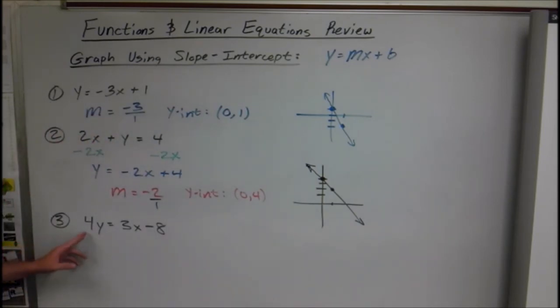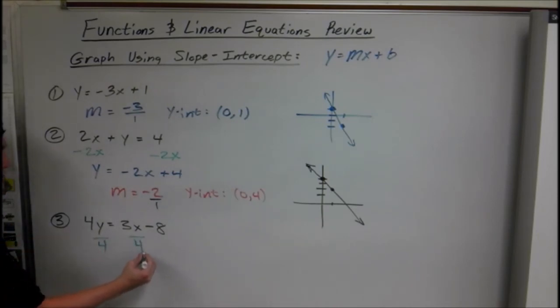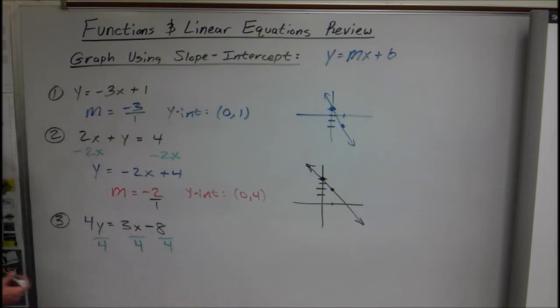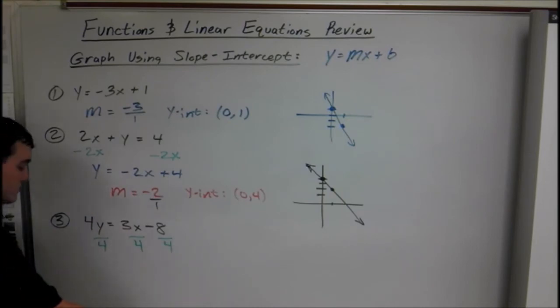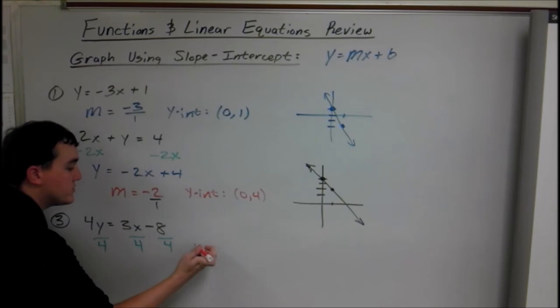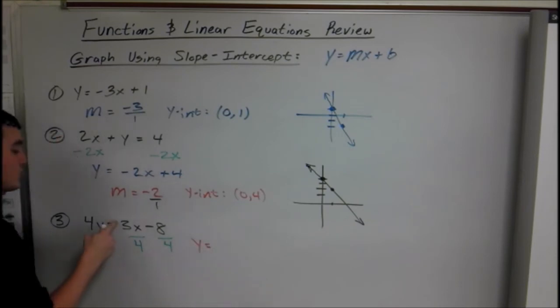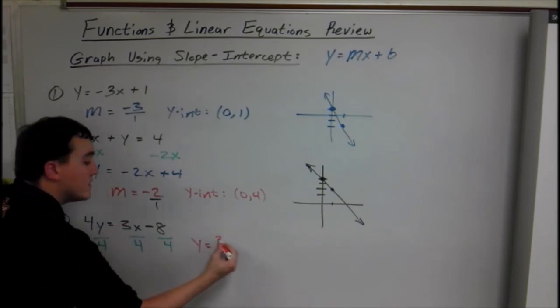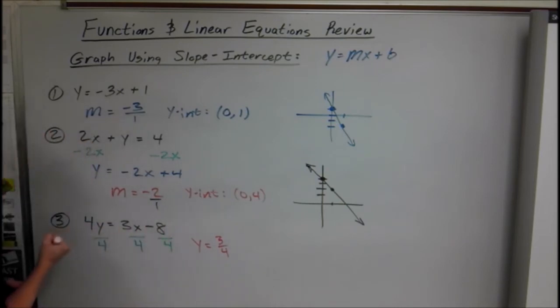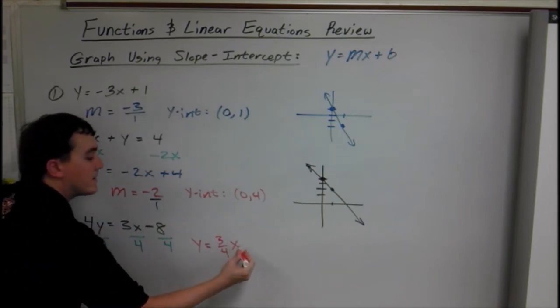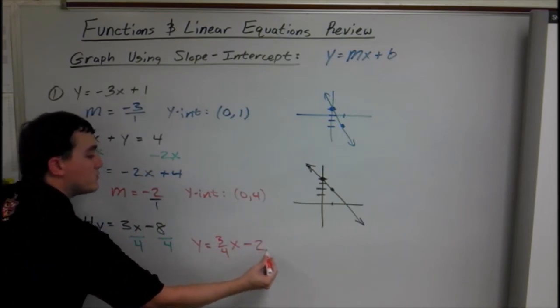Next one, same case. We have to solve for y, because y is not yet by itself. So divide by 4 for all your terms. So our equation becomes y equals 3 over 4x. You can kind of separate the numbers and put them out front. X minus 8 divided by 4 is 2.